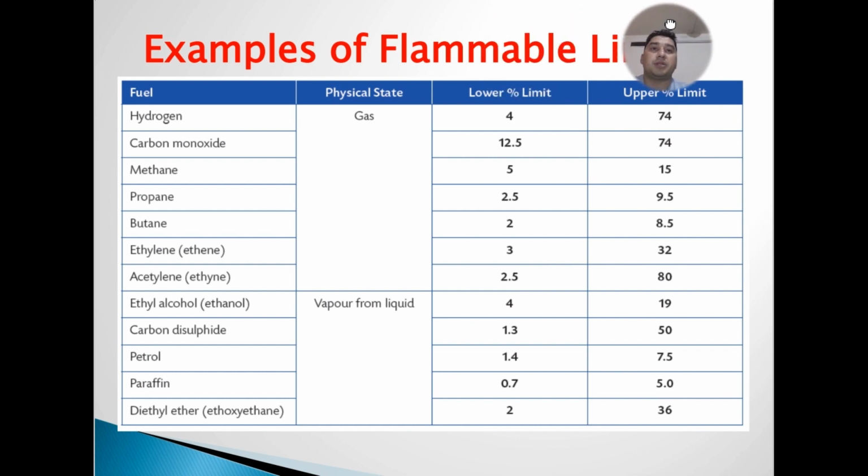After that we have the upper percentage of limit, meaning the upper explosive limit: 74, 74, 15, 9.5, 8.5, 32. Okay, so these are the upper explosive limit percentages, and these are the lower explosive limit percentages. Vapor from liquid: ethanol, carbon disulfide, petrol, paraffin. So these we will get in vapor form, and the others we will get in gas form.